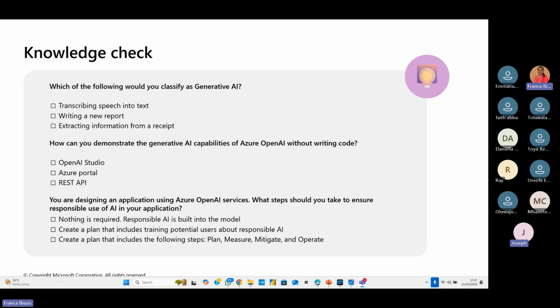Which of the following would you classify as generative AI? I think the answer is writing a new report. Does anybody agree with him?